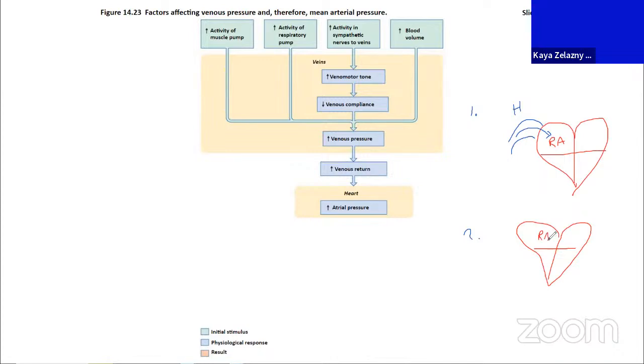So we had more blood come back to the heart, more venous return. We now have a higher pressure in the atrium than when we only had a little blood coming back when we were relaxed and your sympathetic nervous system wasn't so active. So that's why this high venous return is creating this high pressure in the atrium.